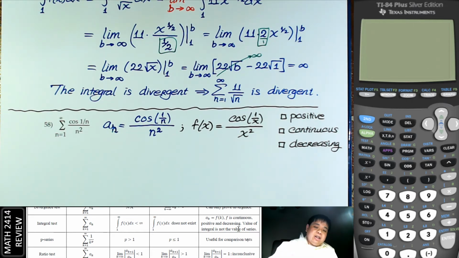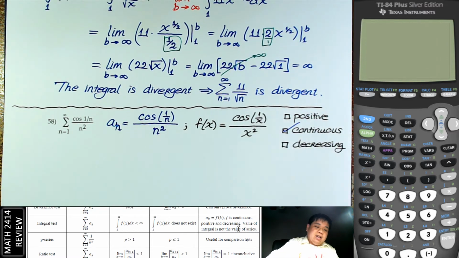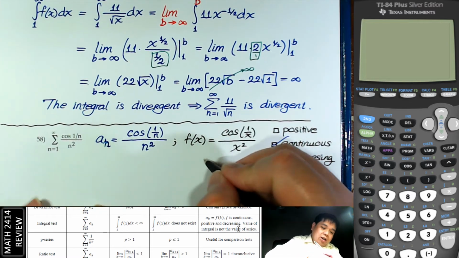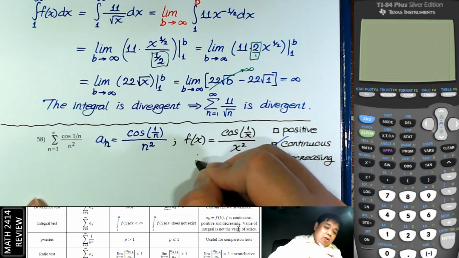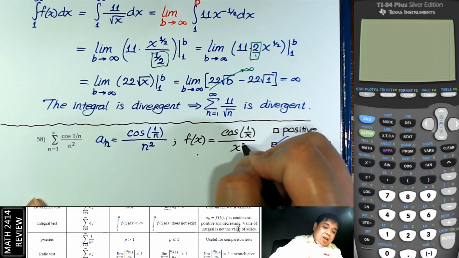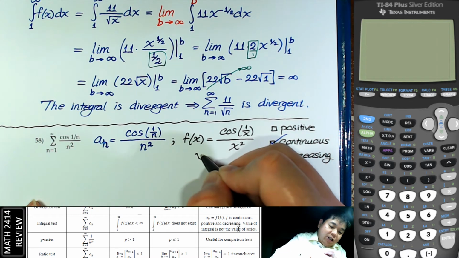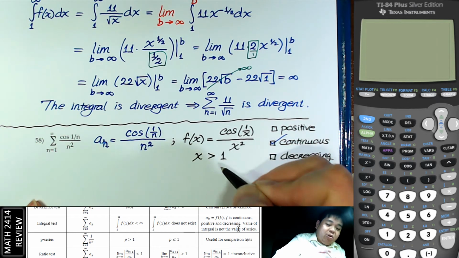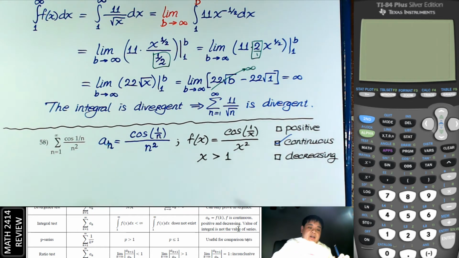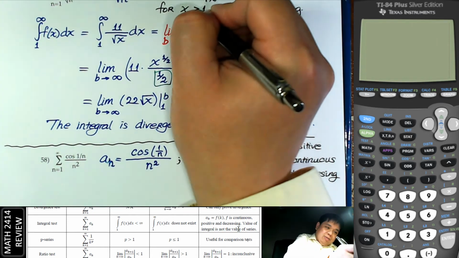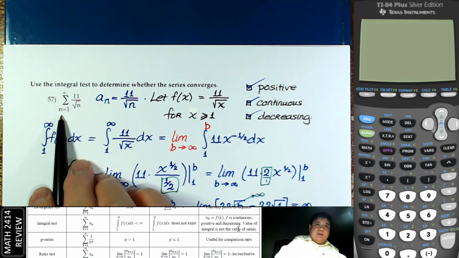Right, so obviously this is continuous for x greater than or equal to 1, because if x equals 0, it's not defined, but for x greater than or equal to 1, it is defined. Sorry, yeah, it has the equal sign.